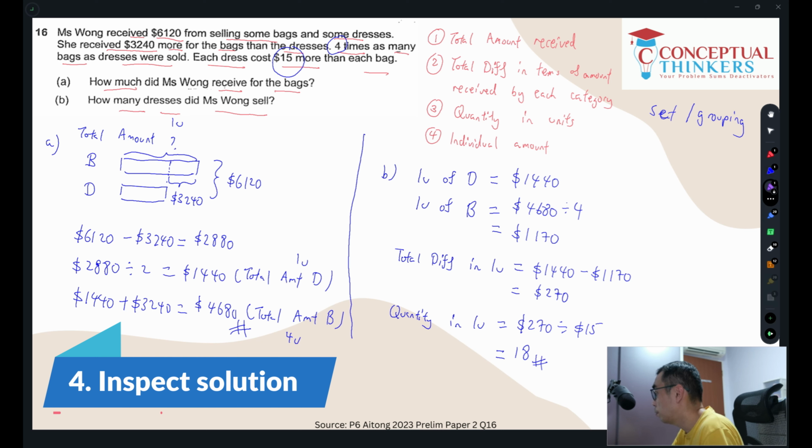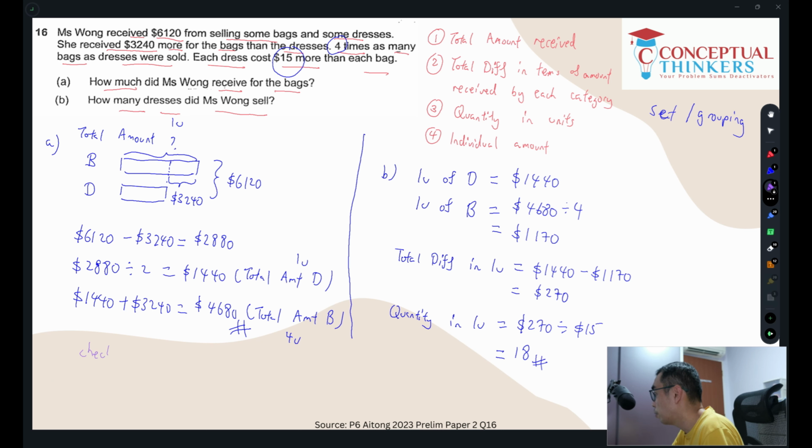Okay, next we will try to inspect our solution. There are a few things I'm going to do here. First, I'm going to find out the cost of 1 dress. To get the cost of 1 dress, I take the total amount of money for 1 unit of dress and divide by 18. So $1,440 divided by 18.